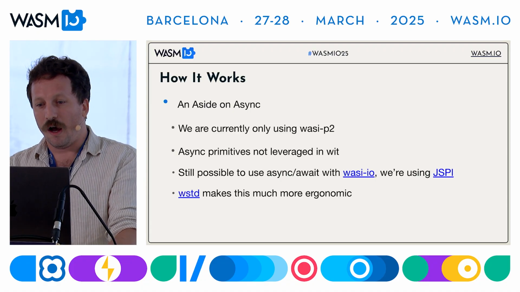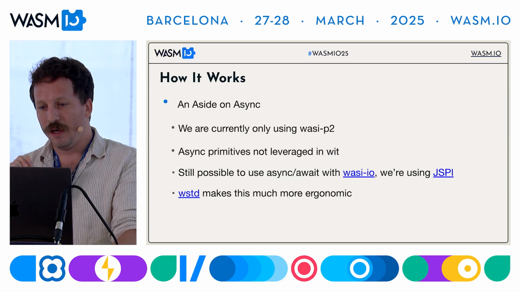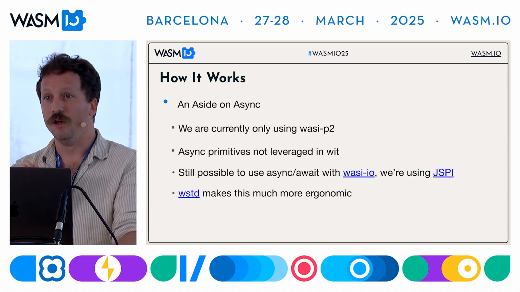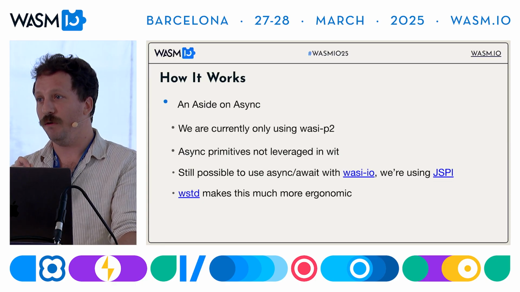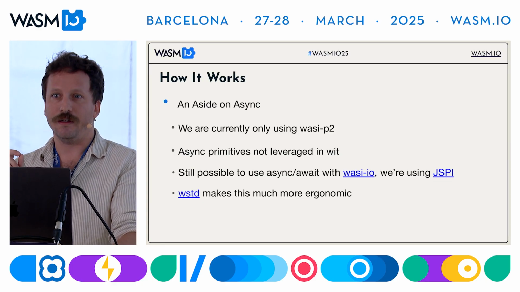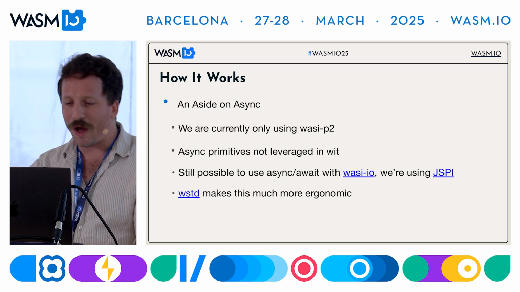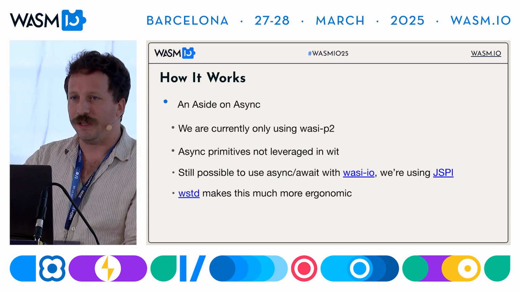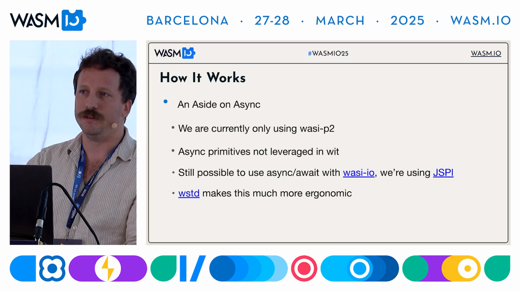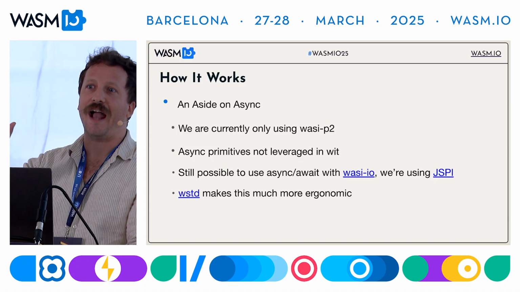Basically, there's a pollable object in WASI-IO that you can use, and then because we're executing things in the browser, we're actually using JSPI, which is an experimental web API, the JavaScript Promise Integration for Wasm. It is currently a cross-origin trial, so we have it activated for this domain.